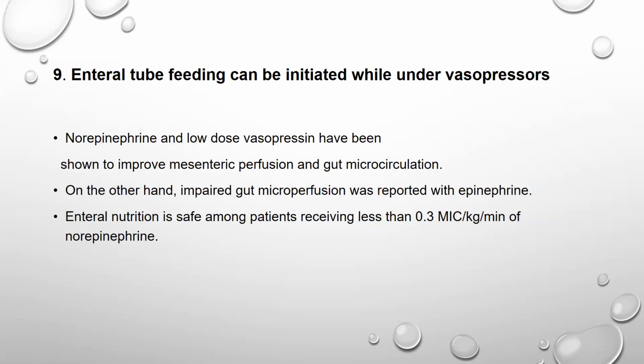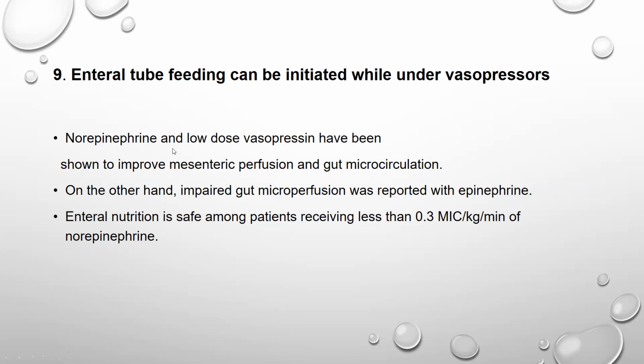Then the next tip: enteral tube feeding can be initiated while under vasopressor, because many people think that if the patient is on inotropic support, there would be bowel ischemia, so you try to avoid initiating feeding. But if the patient has passed the first 24 to 48 hours, you can start the feeding, because we know enteral feeding is better than parenteral feeding.